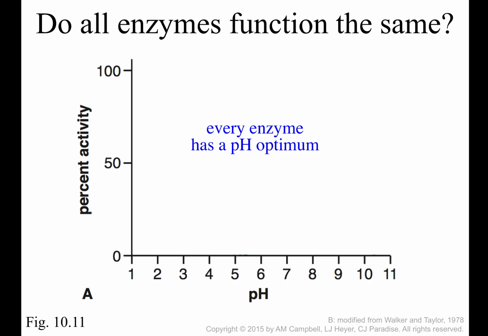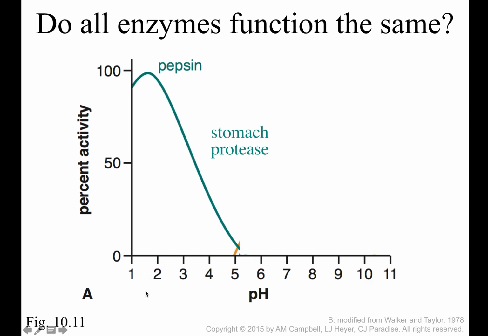For example, enzymes typically work at a given pH and not at all pHs. So if we look at the pH scale on the x-axis here, this would be very acidic, this would be very basic. Remember, it's a 10-fold difference in hydrogen ion concentration for every 1 unit of the pH scale. And then we just look at how much activity you see for a given enzyme.